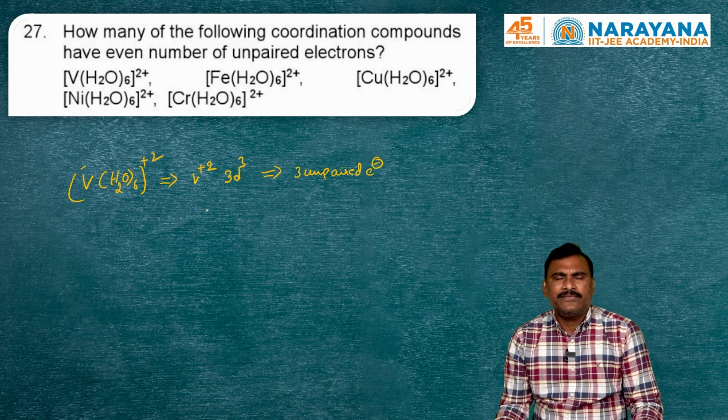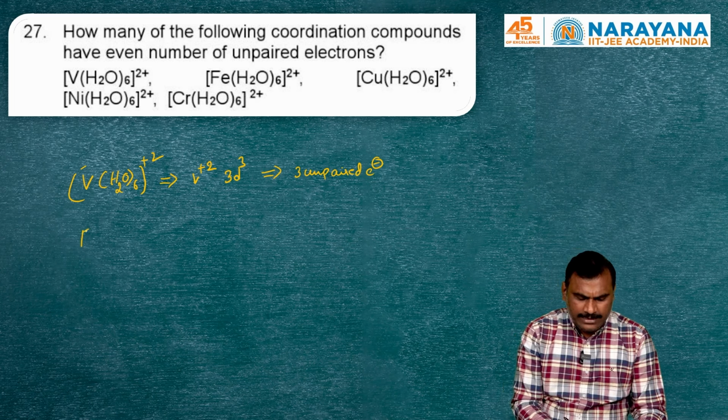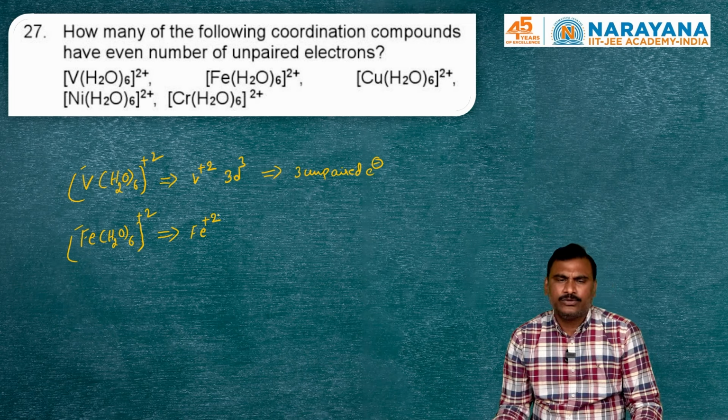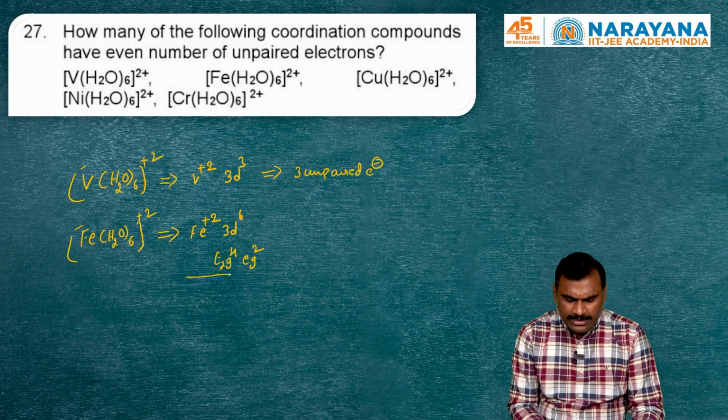Since water is a weak field ligand, we can write it as t2g3 and eg0. And the second complex, Fe(H2O)6 2+: here also water acts as a weak field ligand. Fe plus 2 is 3d6, we can write that as t2g4 and eg2. There are a total of 4 unpaired electrons.